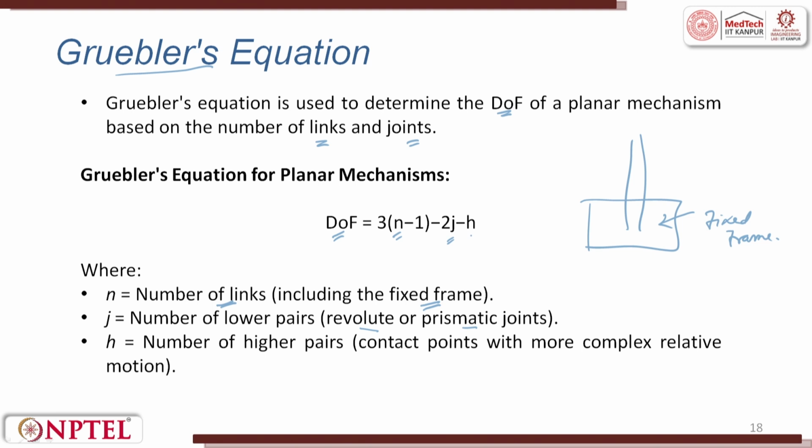Number of higher pairs, which are contact points with more complex relative motion, is determined as h. So, this is a very important formula which is used to find out the degrees of freedom. Degree of freedom is expressed as 3(n minus 1) minus 2j minus h. Here j is lower pair, h is higher pair.